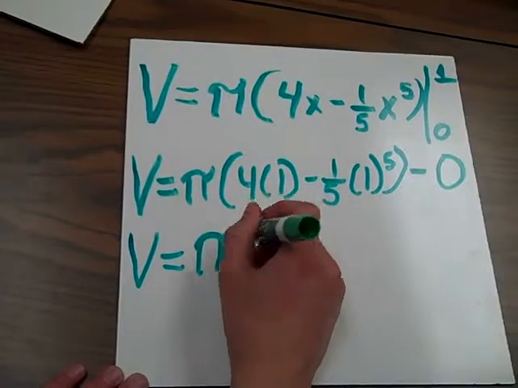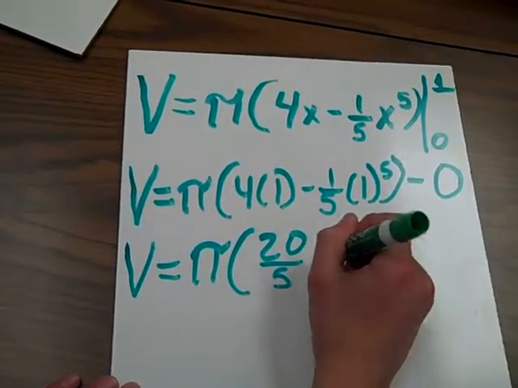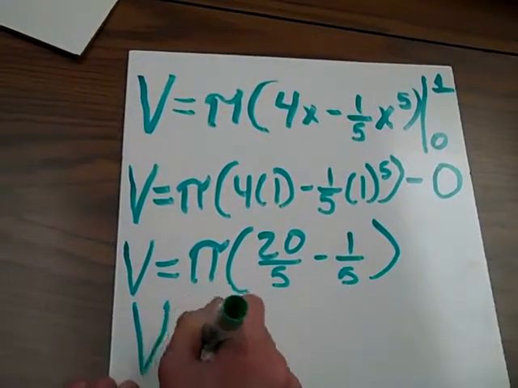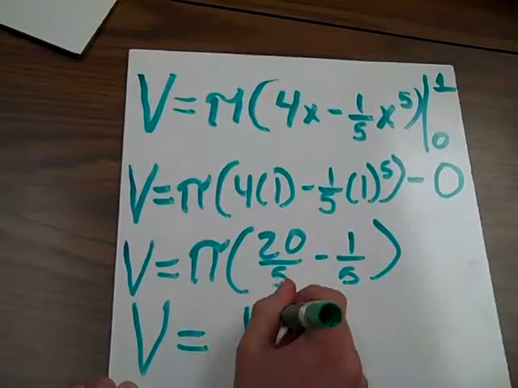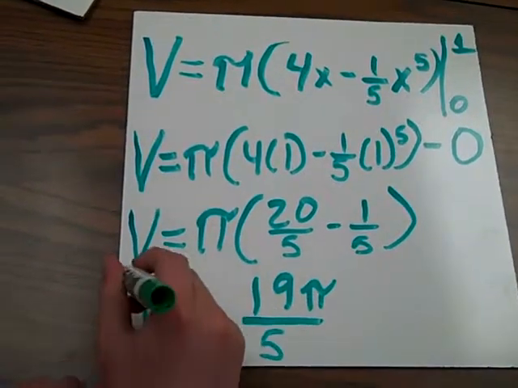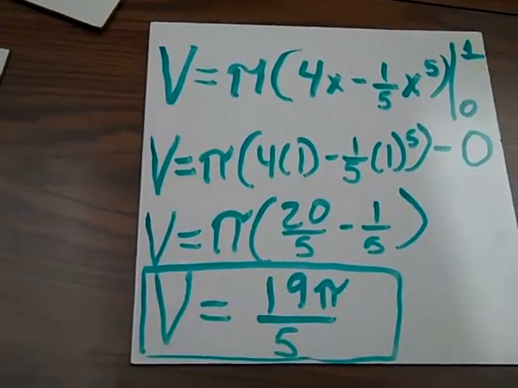Then we're going to plug in our answers and work it down, and you will come out with 20/5 minus 1/5 times pi. That'll eventually simplify down to 19 pi over 5. So the volume of that region would be 19 pi over 5 units cubed.